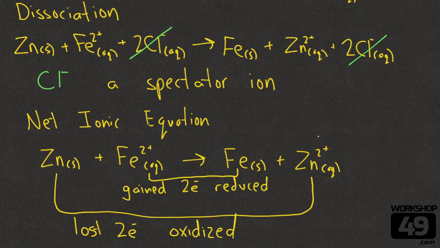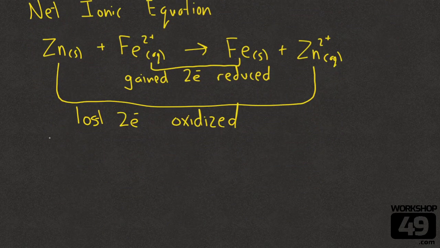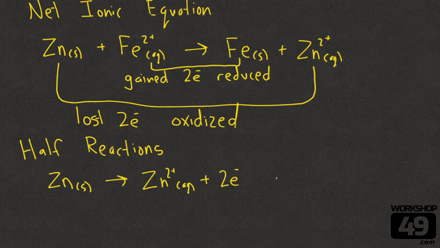I'm going to scroll up, and we're going to actually write this as two half reactions. So, half reactions. One of our half reactions is the zinc solid becomes the zinc 2 plus aqueous plus 2 electrons.